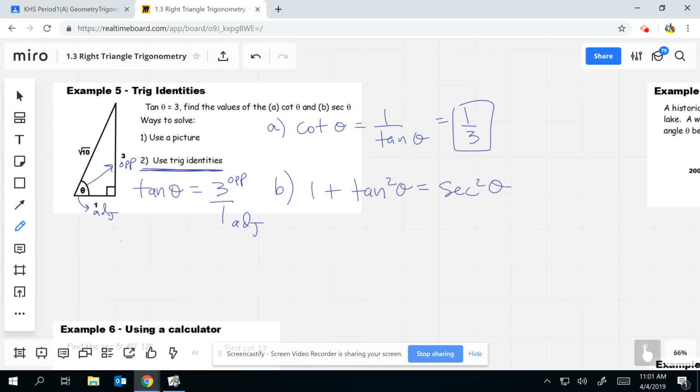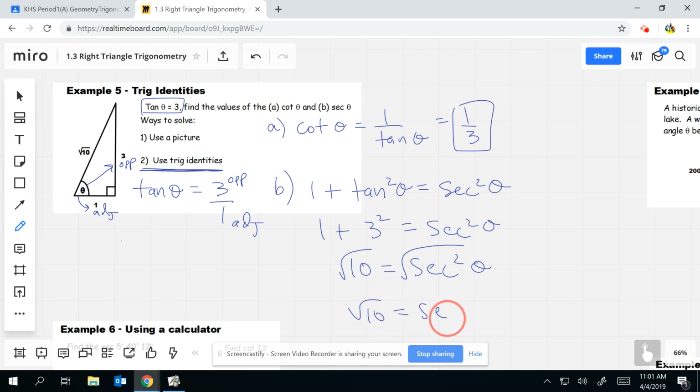And I'm going to put in a 3 for tangent because tangent equals a 3. So 1 plus 3 squared equals secant squared. So that's going to be 1 plus 9. So that's going to be a 10 equals secant squared. If you square root both sides, you're going to get radical 10 as your secant. So there is your answer for secant, would just be radical 10.